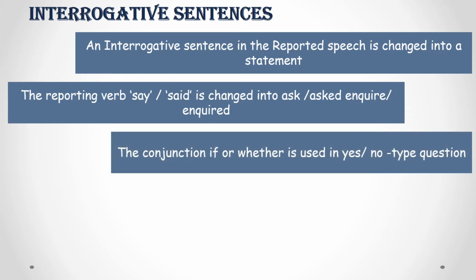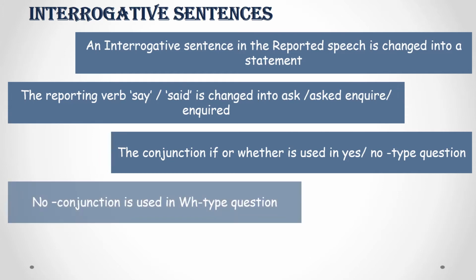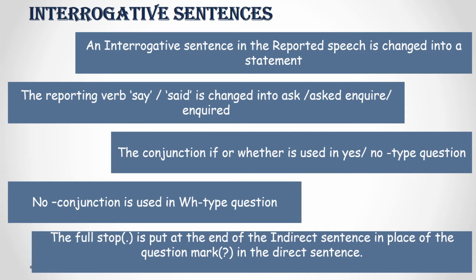The conjunction if or whether is used in yes-no type questions, that is, do, does, did, is, am, are, was, were, has, have, had, will, shall, can, could, should, may, might, etc. No conjunction is used in WH type questions, that is, the sentence which begins with what, when, why, where, who, whom, whose, which, how, etc.